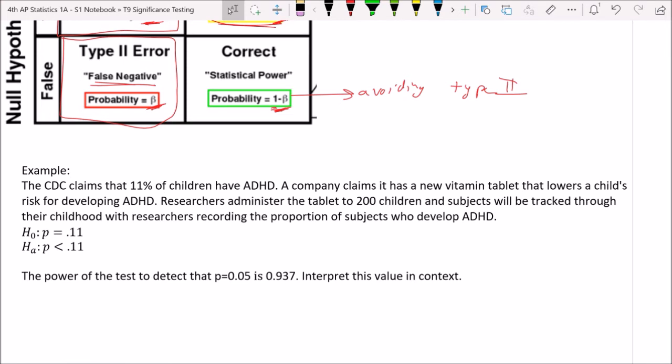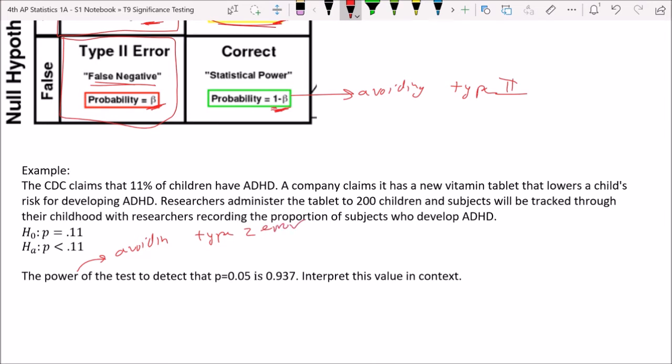When we're asked to interpret the power, they're always going to give us a target value, like that 0.05 down there. Notice that's not alpha, and we've seen a lot of alpha equals 0.05, but this is truly the proportion, if the proportion of subjects that develop ADHD is as low as 5% or 0.05. So in terms of interpreting the power, I want you to remember, yes, it's the probability of avoiding a type 2 error.